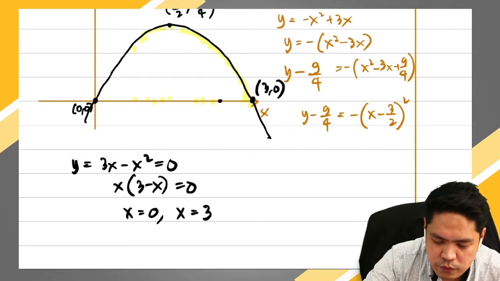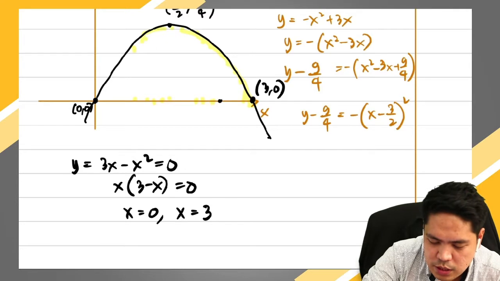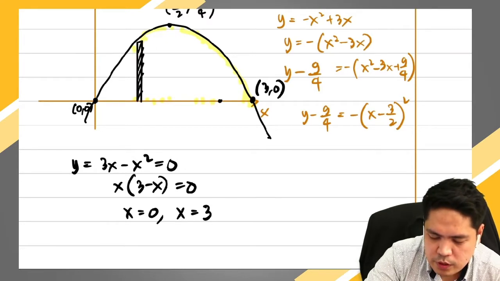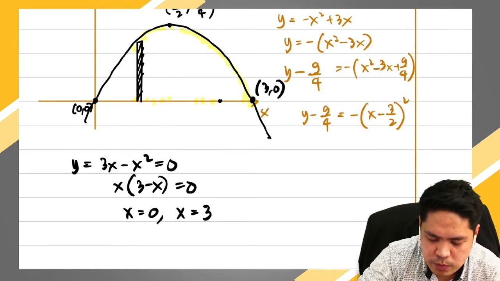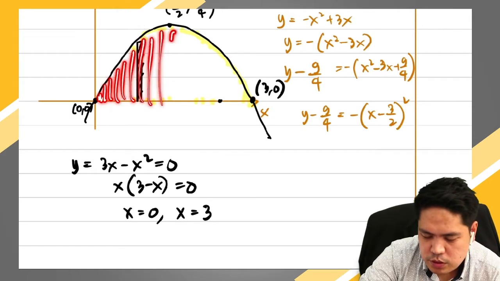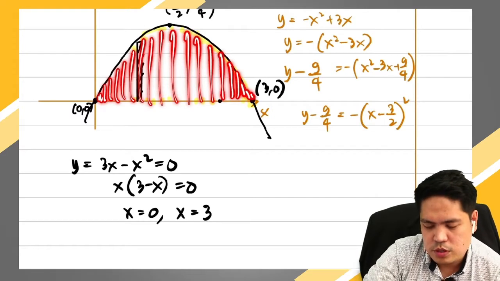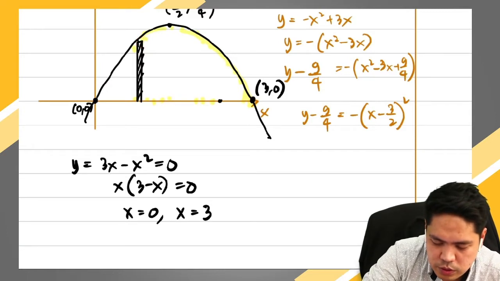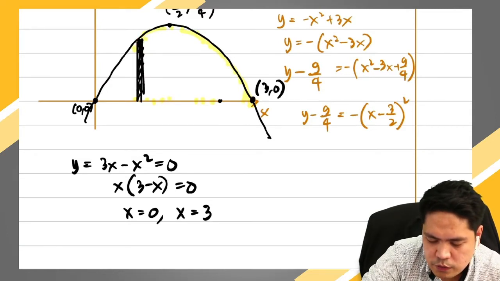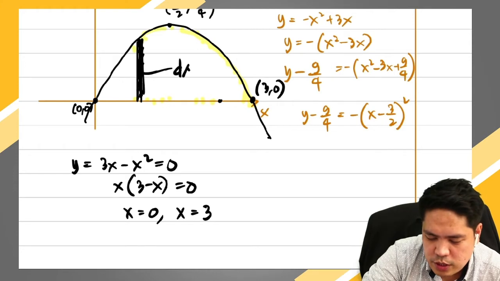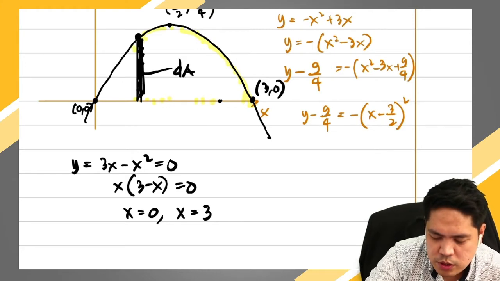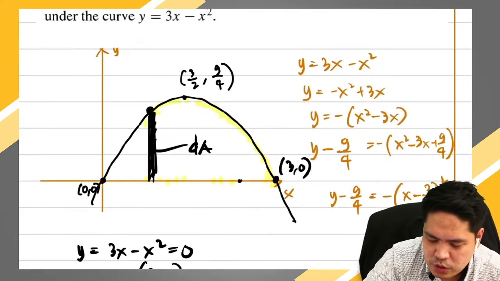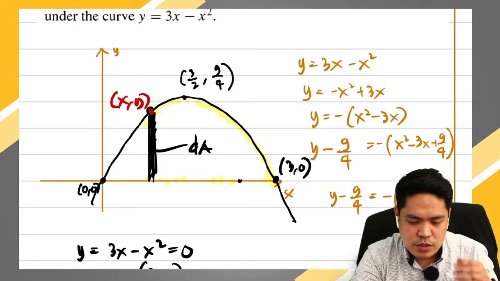Okay? And now, if we make a vertical strip, this strip will move from this point up to this point, right? And how do we compute the area of the vertical strip? This would be our differential area. Remember that this point is any point on the graph with coordinates x, y.